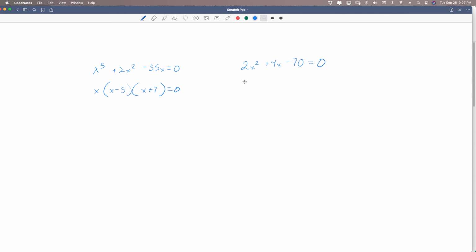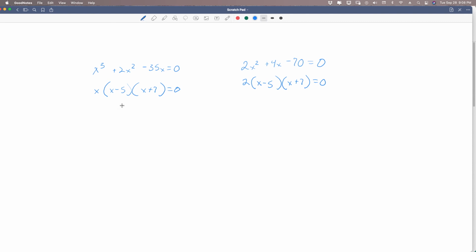And we see that the factors here would be 2 times x minus 5 and x plus 7. In both cases, we have the product of three factors equal to 0. It would appear to some that each equation has three roots.